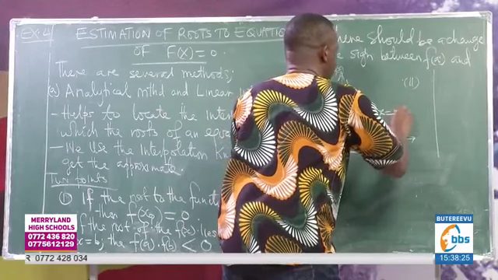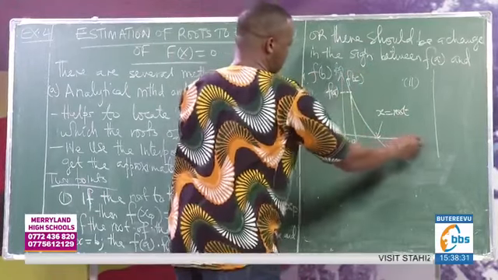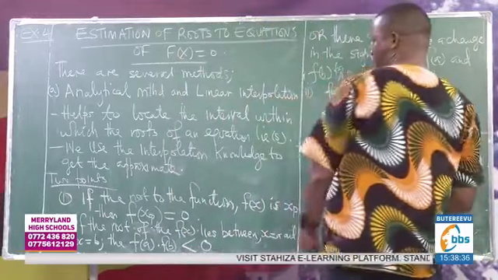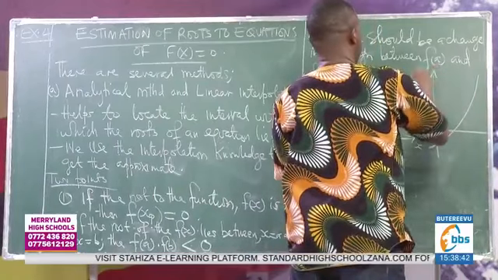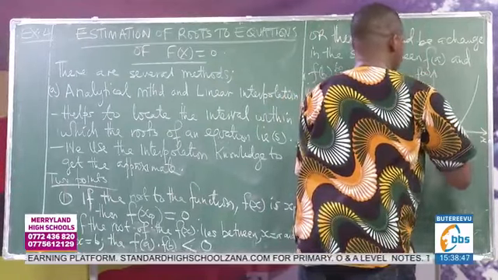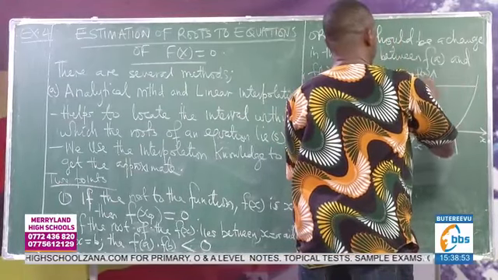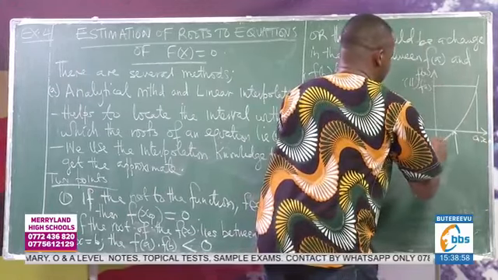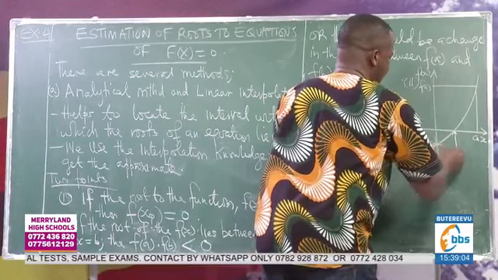The root will be the point where the curve for the function f of x crosses the x-axis. On the other hand, if we consider a change in the function, again, if this is the function f of x and this is x, the root will be here. If this is f of a, then the value of a would be there, and if this is f of b, then the value of b can be there.